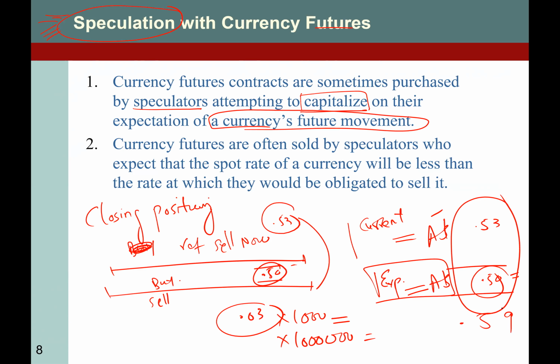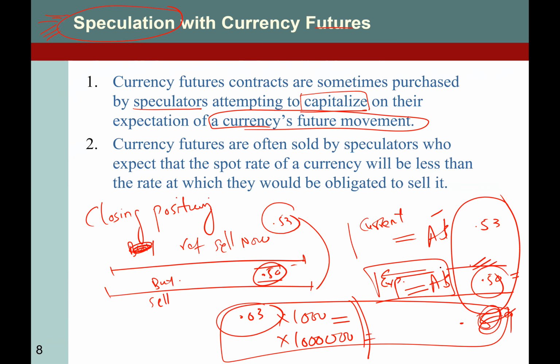We have a number of examples here. Otherwise I have to wait a lot of time here. Let's just understand this one. So we can also play with the currency future as well, but that depends on your analysis. If you feel that the future is going to be 0.50, you enter into this contract.